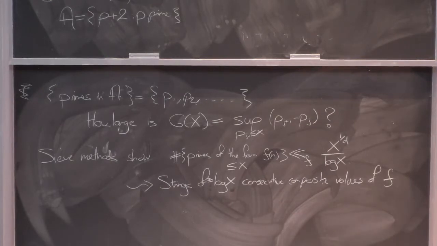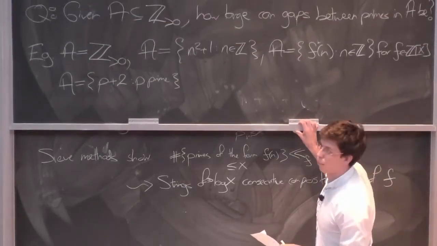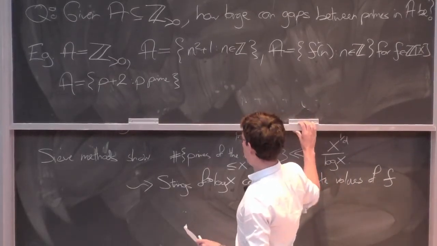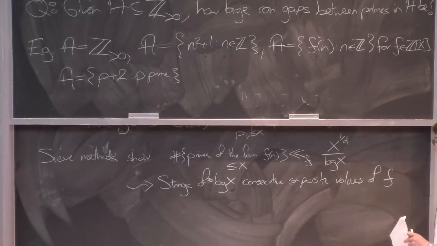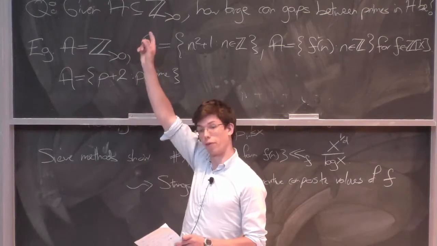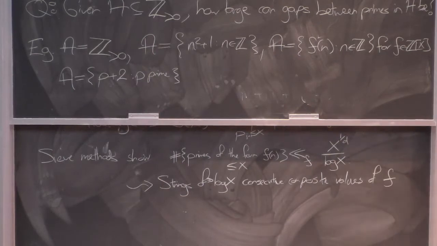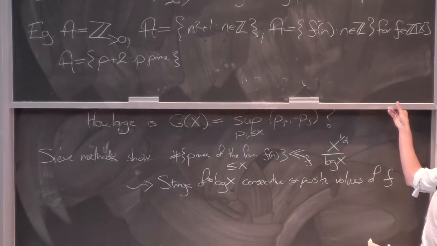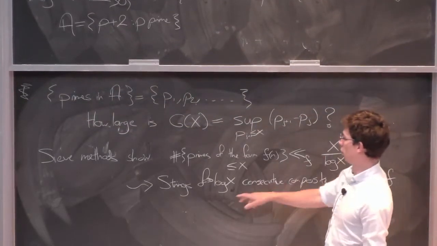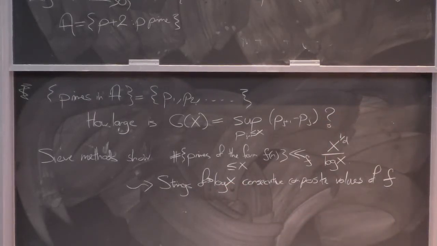So, I guess prior to our work, the only examples that I'm aware of, at least, where you could prove that there are strings of rather more than log x consecutive composite values is when your set was just the positive integers or something that looked very similar to the positive integers. So maybe some arithmetic progression. So the fact that there are gaps between primes that can be arbitrarily large compared to the average gap is a result of Westzynthius from maybe the late 1920s or early 1930s.